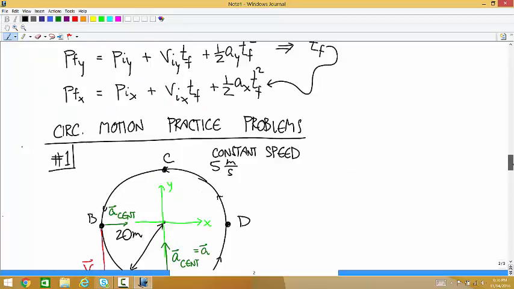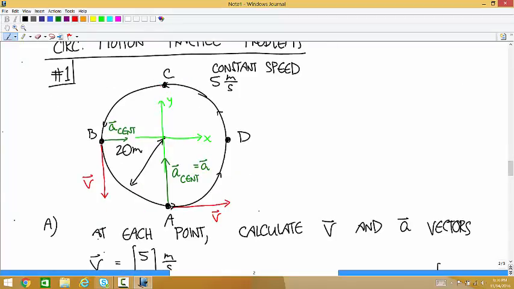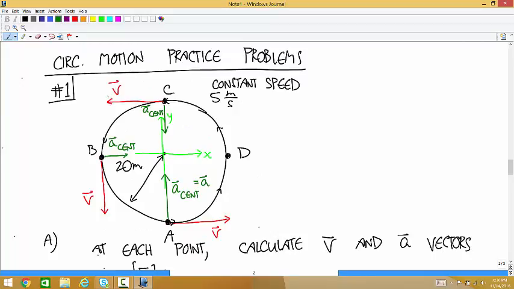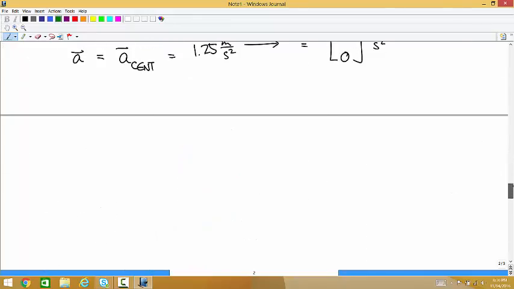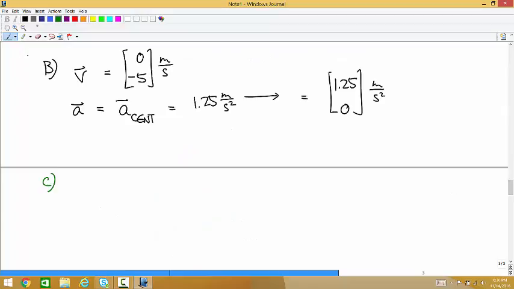And then C, the point C, the velocity is this way. The centripetal acceleration's this way. So the velocity is in the negative x direction. So the velocity is negative 5, 0.